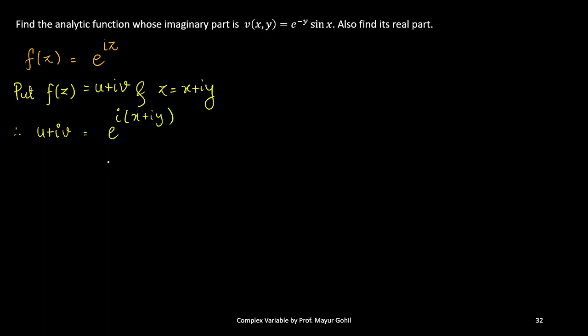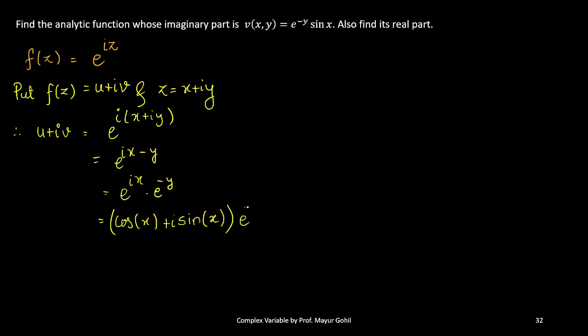Now, what do we get here? We get e to the power ix minus y, right? And we can now use laws of indices, so it is e to the power ix into e to the power minus y, and this will become cos of x plus i sine of x, right?